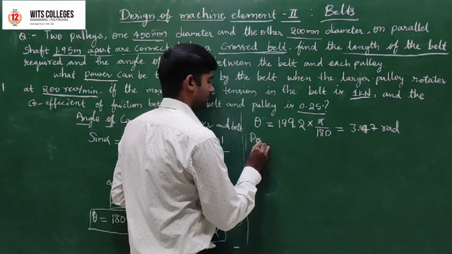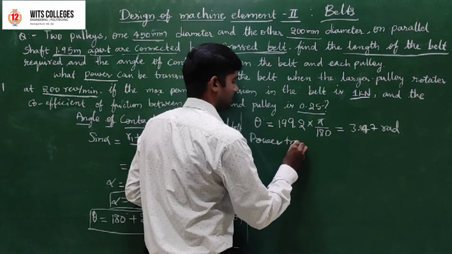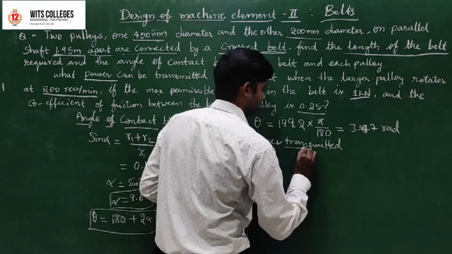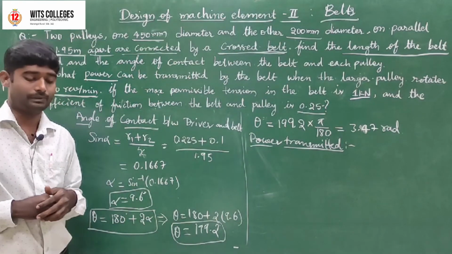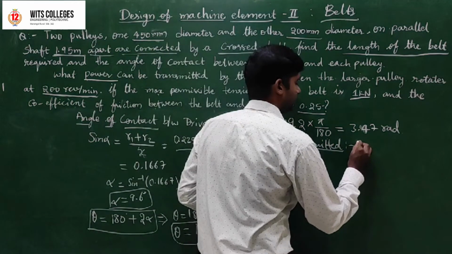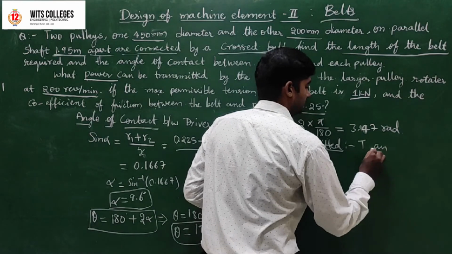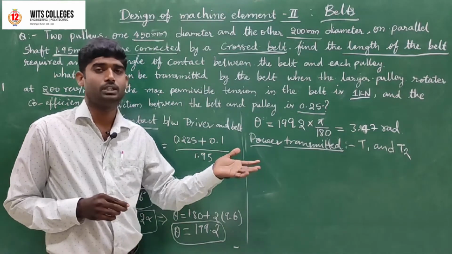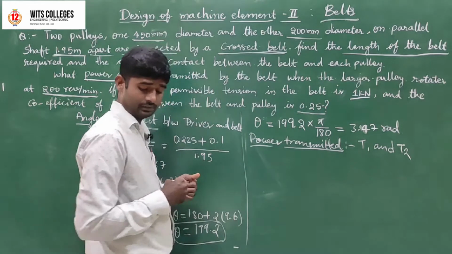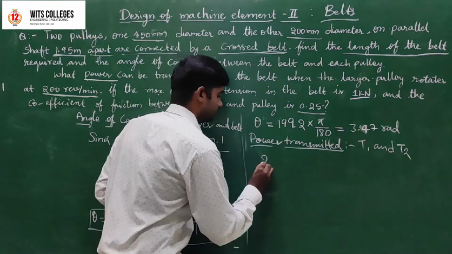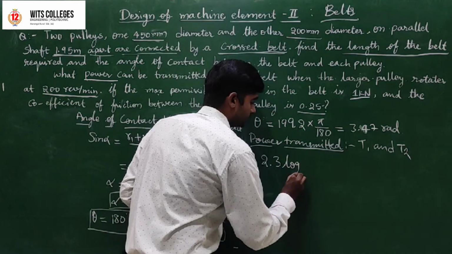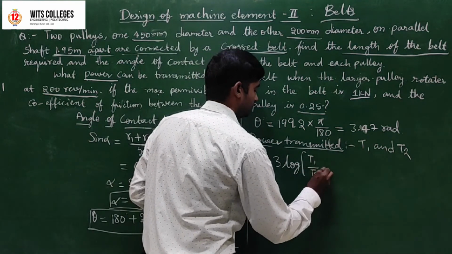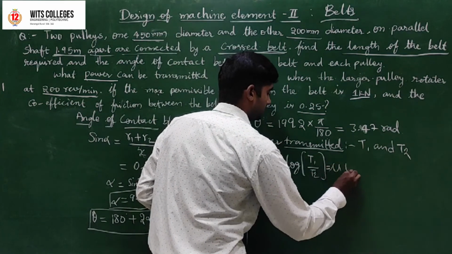Next, coming to the power transmitted. Find out the power transmitted. The power transmitted formula: power is equal to the difference between the two tensions, T1 minus T2, into V. Then 2.3 log of T1 by T2 is equal to mu theta.